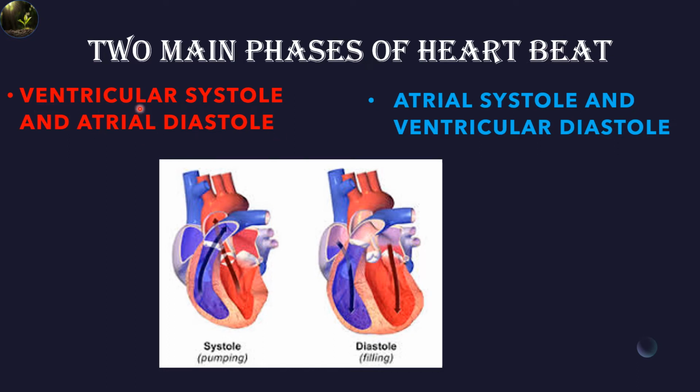At the time of ventricular systole, the ventricle will contract, and at the same time the atria will relax. That's called atrial diastole. The other stage is atrial systole: the atria will contract, and at the same time the ventricle will be in a relaxed stage, which we call ventricular diastole.